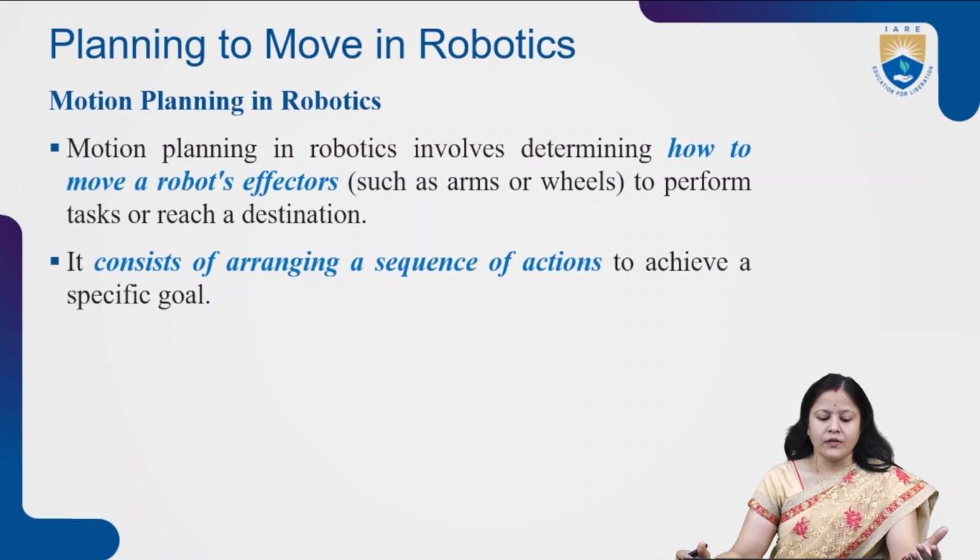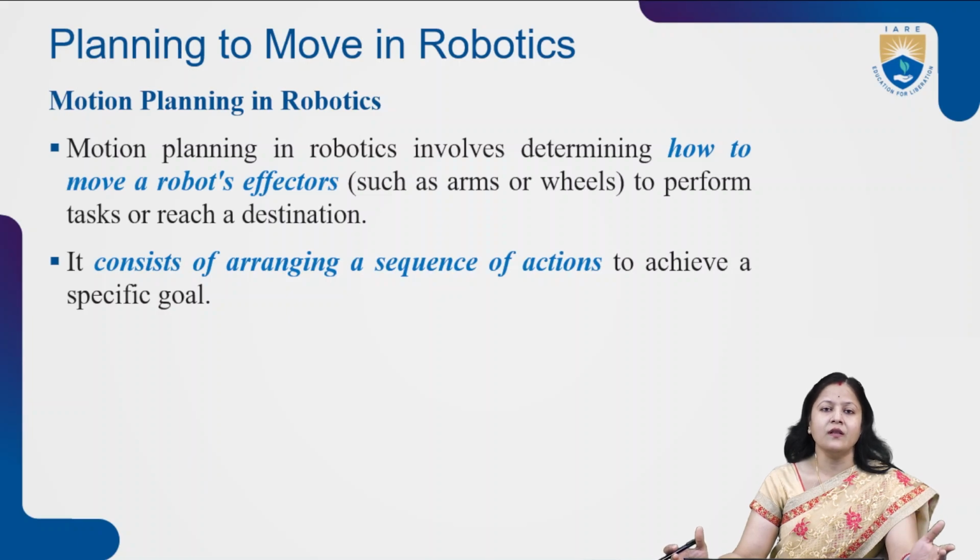Let me discuss what is the meaning of motion planning in robotics. If you compare with a human being, when we want to go somewhere, we plan how to go from our initial state, from our home to the destination, whether we'll go by walk, or by car, then change to flight or something.